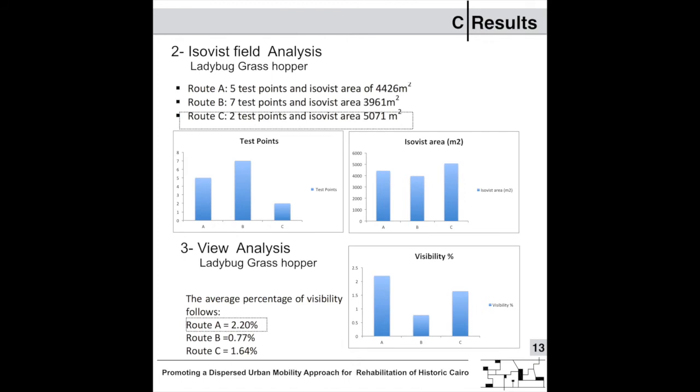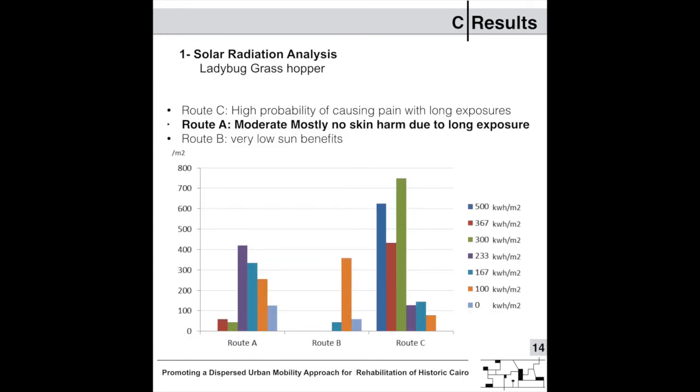The results show that the isovist field analysis using Ladybug Grasshopper shows that route C includes 2 test points and an isovist area of 5071 square meters, while the view analysis using the same software shows an average percentage of visibility of 2.2, which is the highest among the other routes.